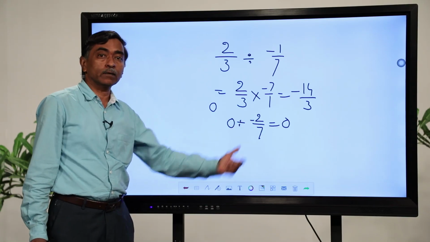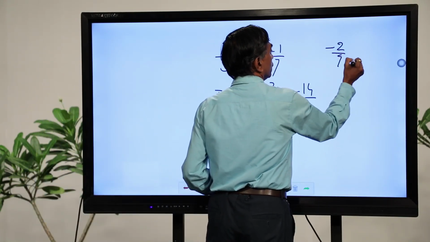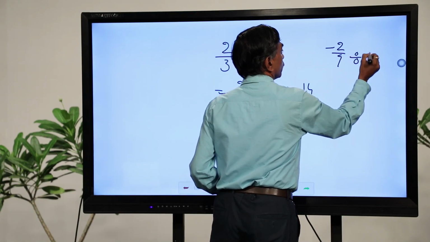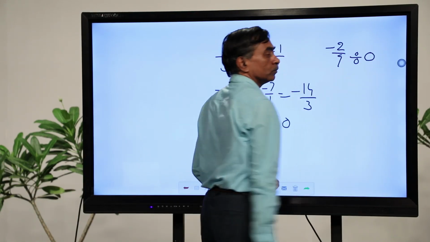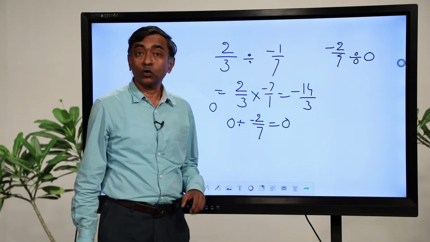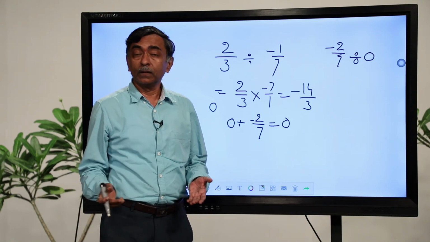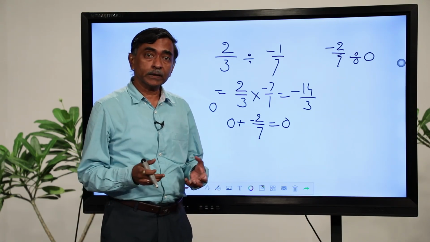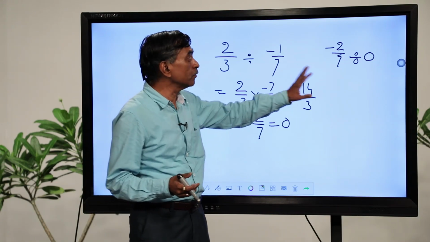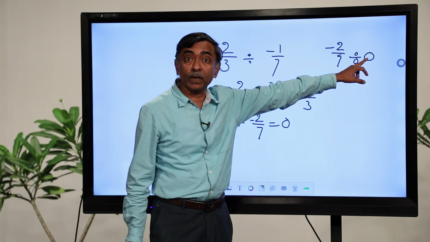But try to do it the other way around: minus 2 by 7 divided by 0 will not be defined. Any number divided by 0 is not defined. So, the collection of rational numbers in general is not closed under division because of this one element, this particular number 0.